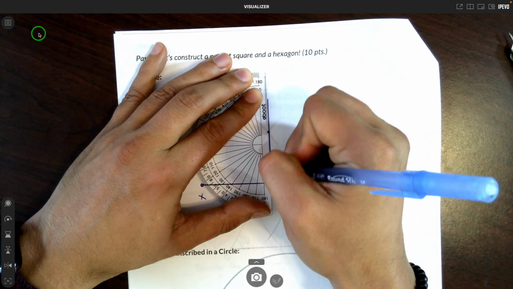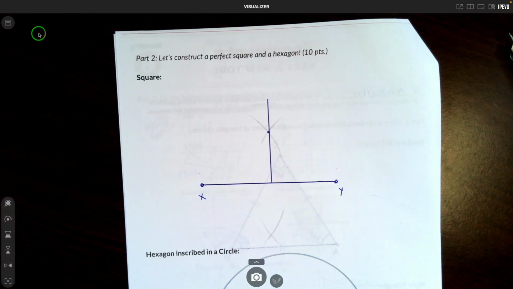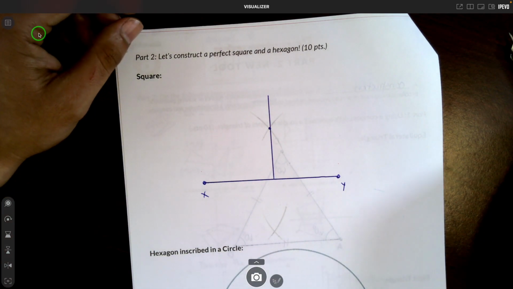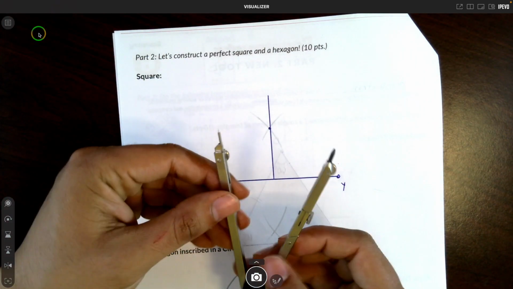Now typically I would use a pencil, but I have a pen right now, so we're just gonna use a pen.